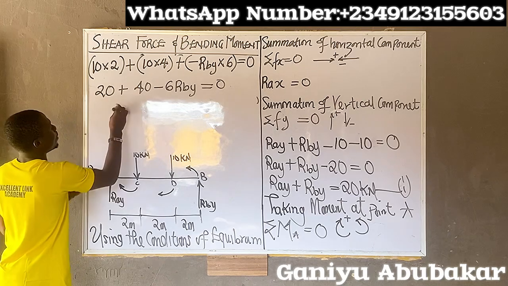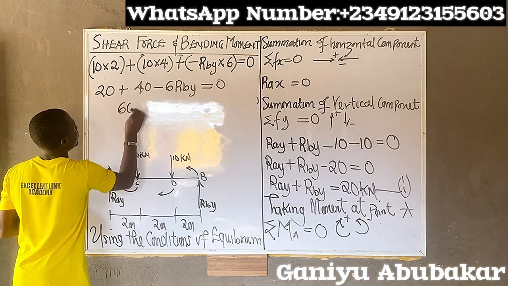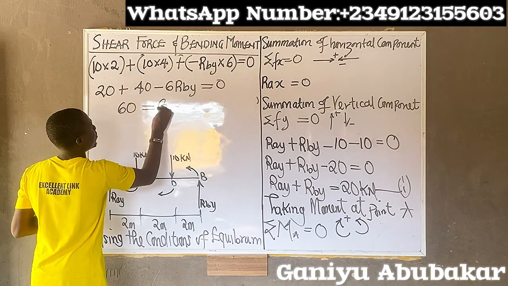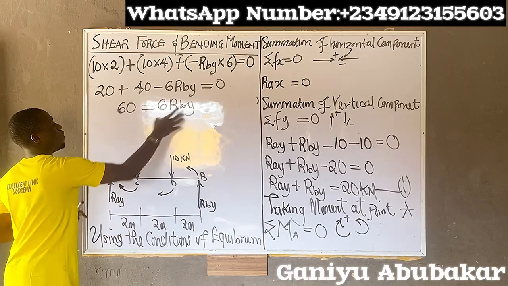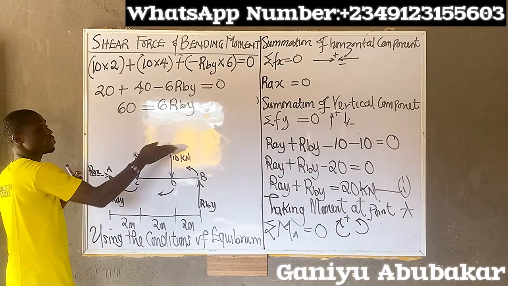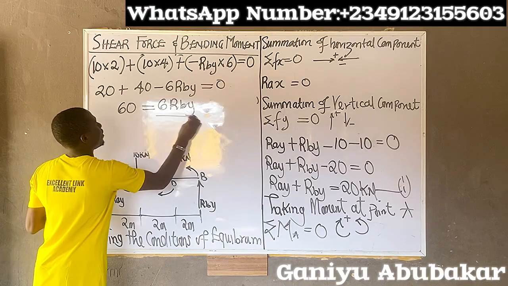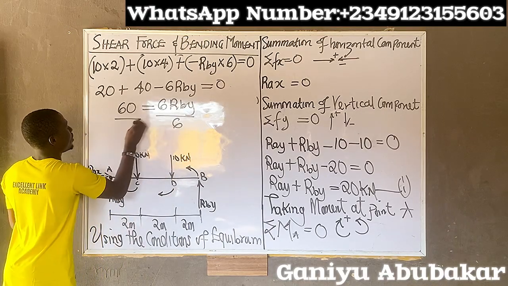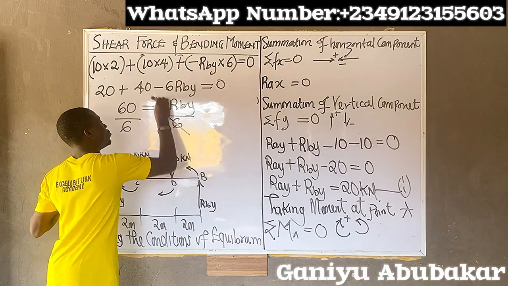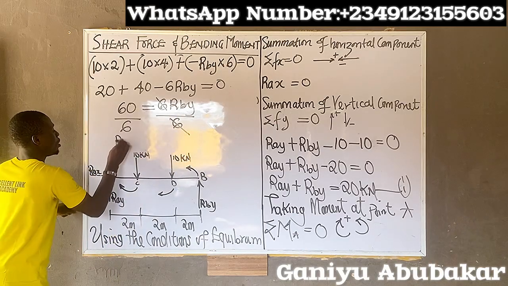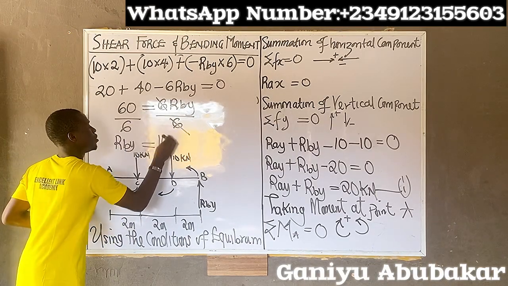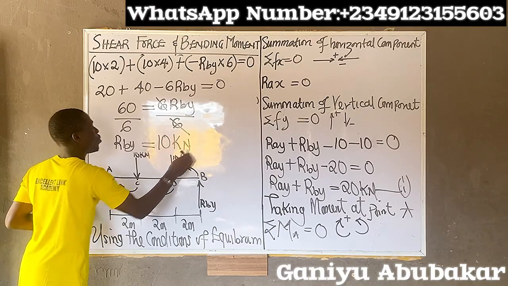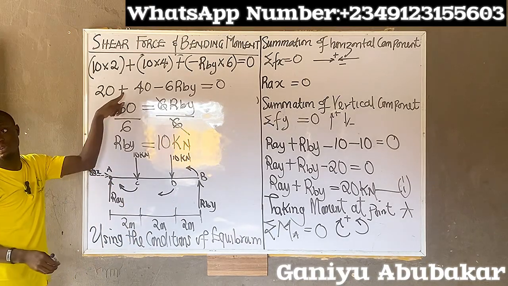Combine this, I have 60 equal to 6RBY. I want to get RBY. What do I do? Divide by 6 on both sides. This cancels this. So RBY equals 10 kilonewton.